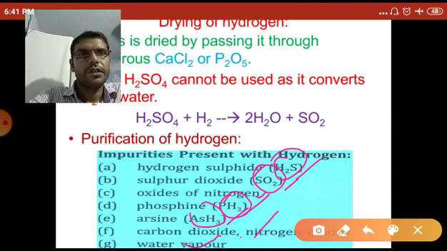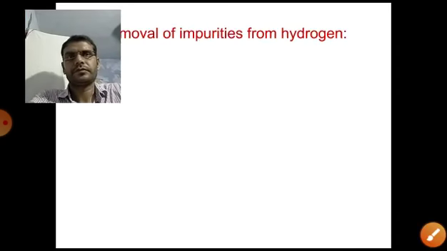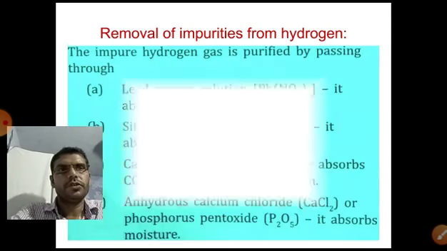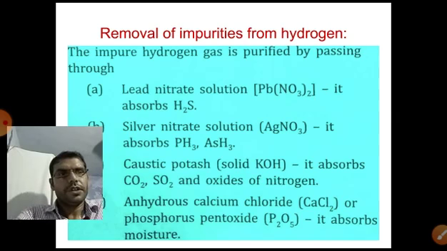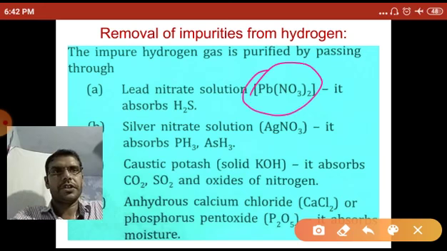So for the purification of hydrogen, we pass the hydrogen through different chambers. For the removal of impurities from hydrogen, the hydrogen passes through a chamber of lead nitrate.